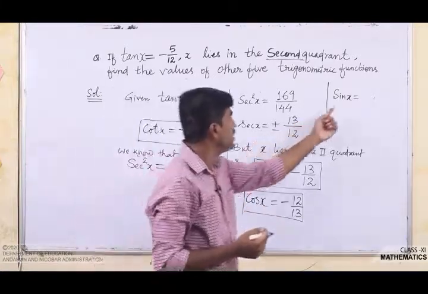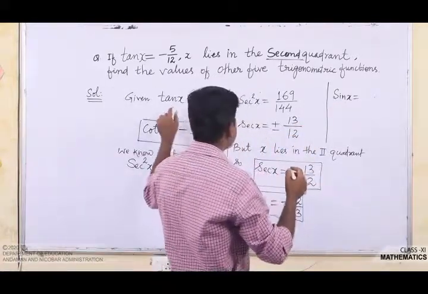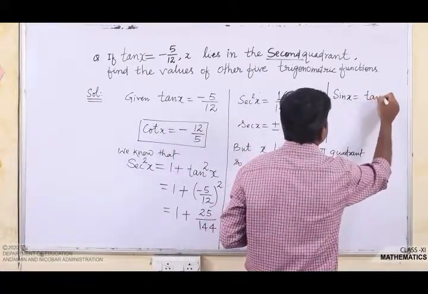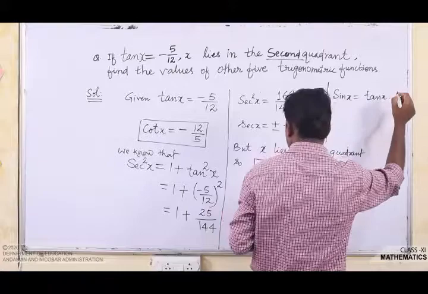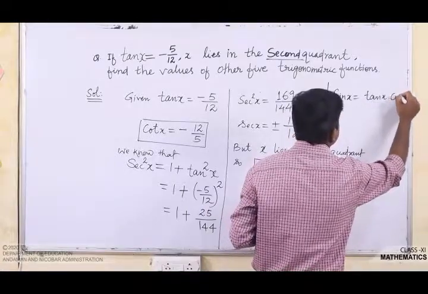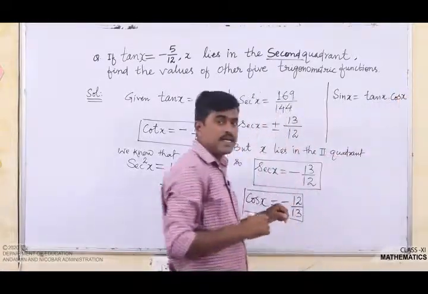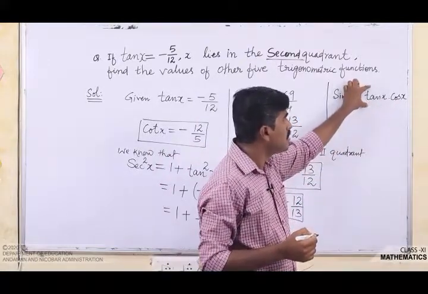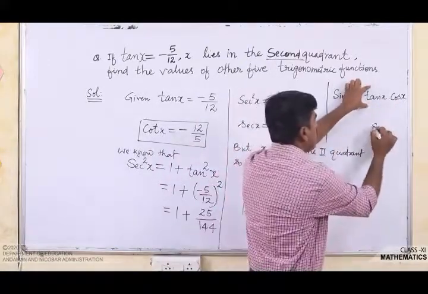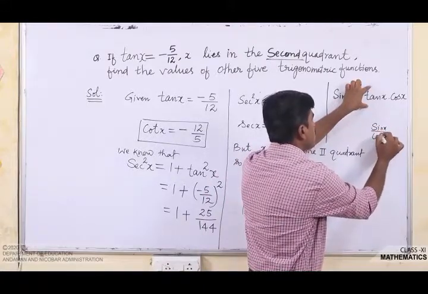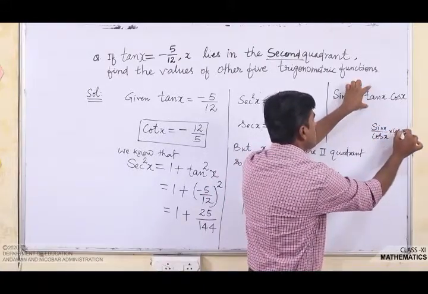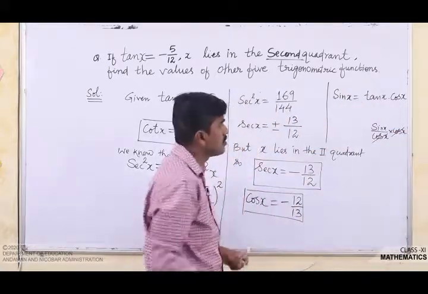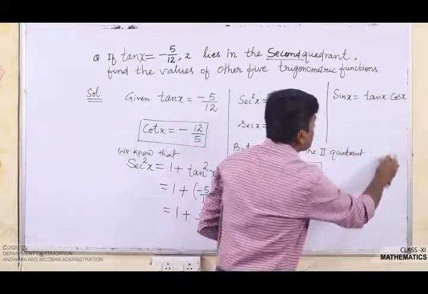But we can also find it in this way, we can write sin x as tan x into cos x. Is it correct? Tan x into cos x, because we know that tan x is sine upon cos. So sine upon cos into cos x, that is nothing but sin x. So sin x can be written as tan x into cos x.